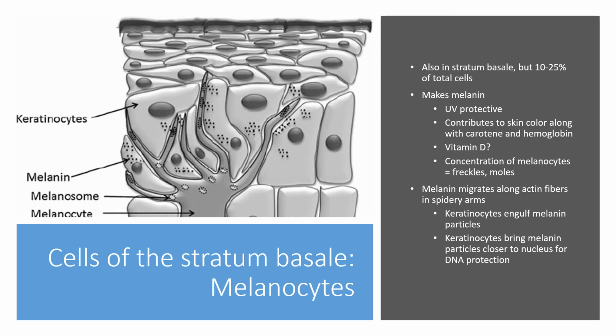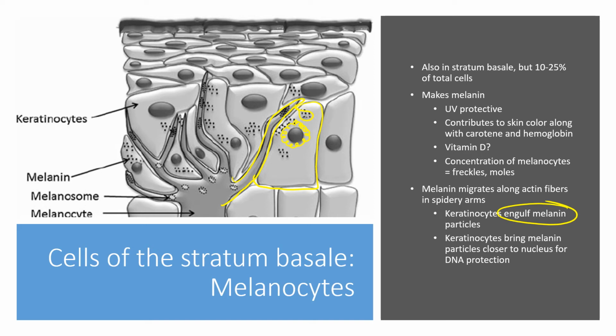The keratinocytes will then engulf melanin particles. So you have all these spidery arms that come out and surround all of your keratinocytes. So they're nice and happy and pretty well protected. Then they will also engulf some of that melanin into themselves and bring that closer to their own nucleus.